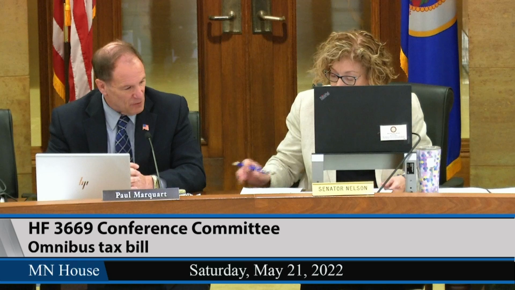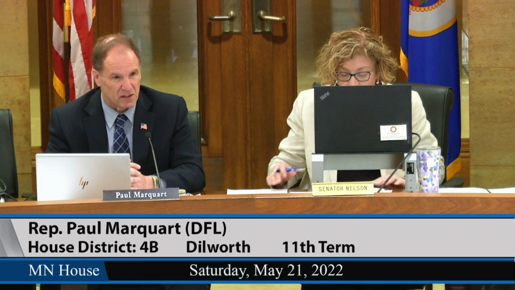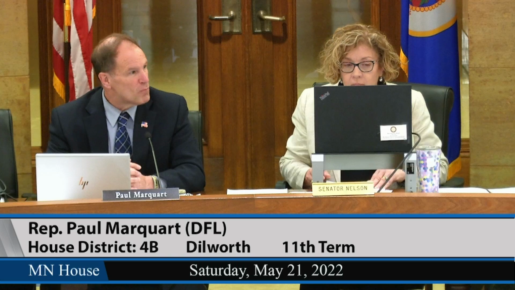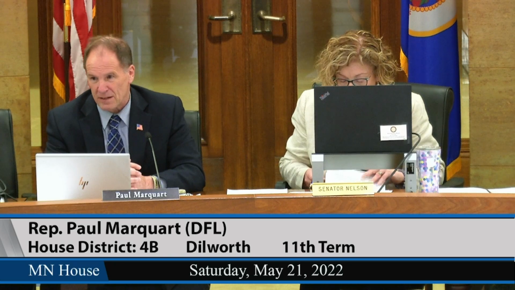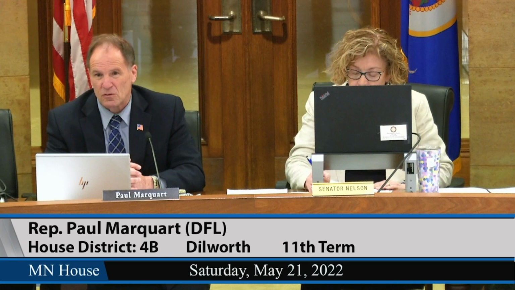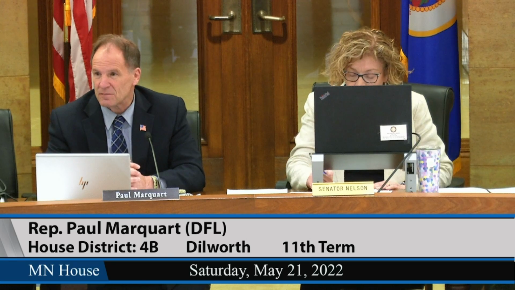I know I went through this a little bit in committee the other day, but just to be clear, we are moving this from the renter's refund to a tax credit, which is a tax cut.